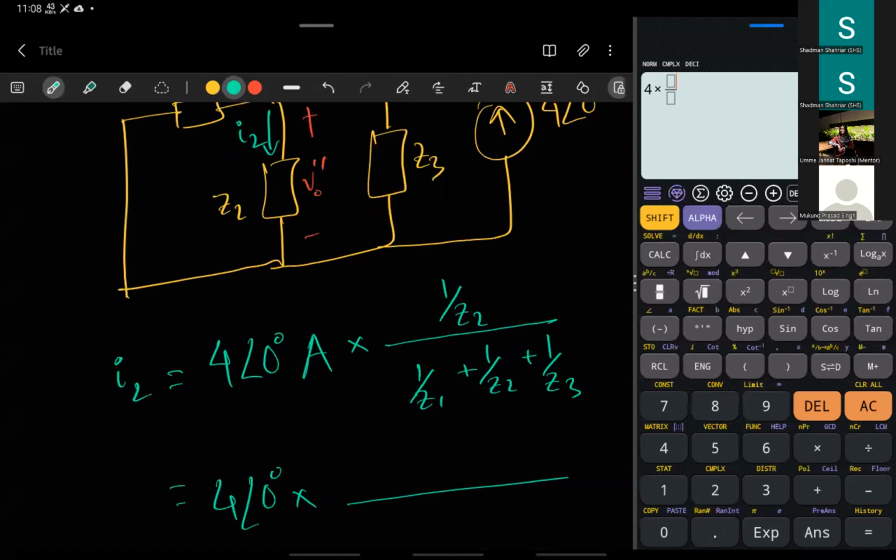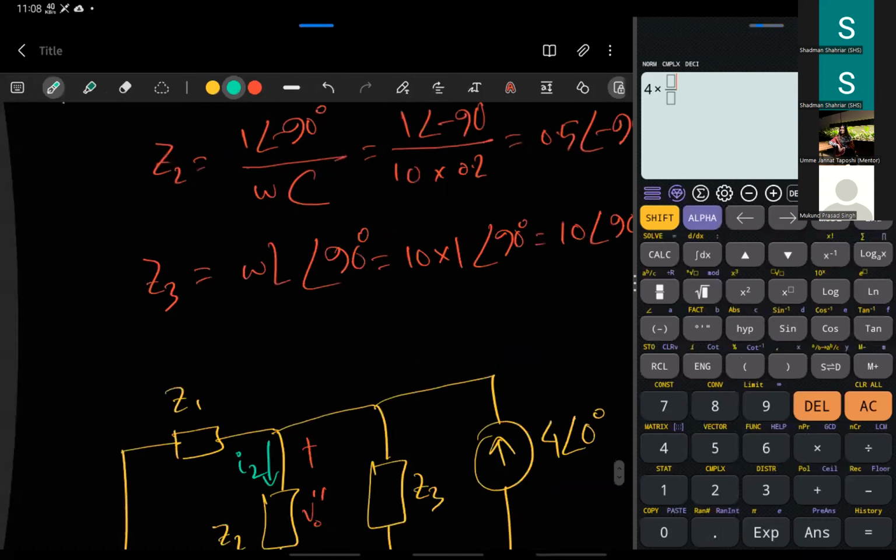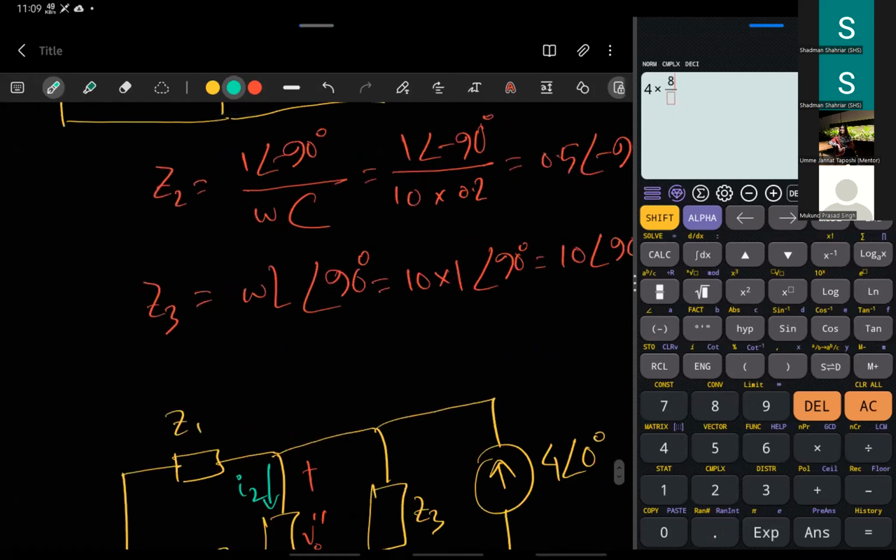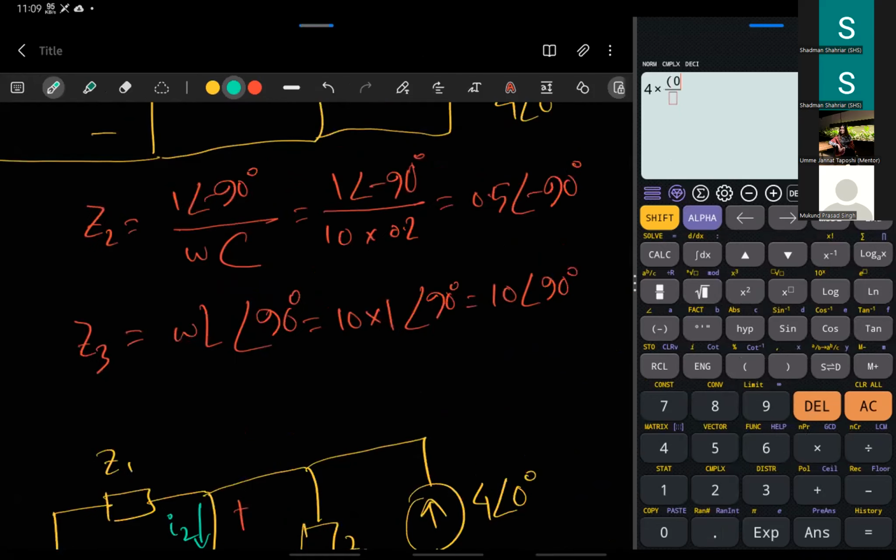I'm just going to write inverse to denote 1 by Z1. Okay, sorry, I needed Z2 inverse, right? I needed Z2 inverse. The value of Z2 was 0.5 angle minus 90 degree, and take the inverse of that. And on the bottom, we have the inverse of all the impedances.